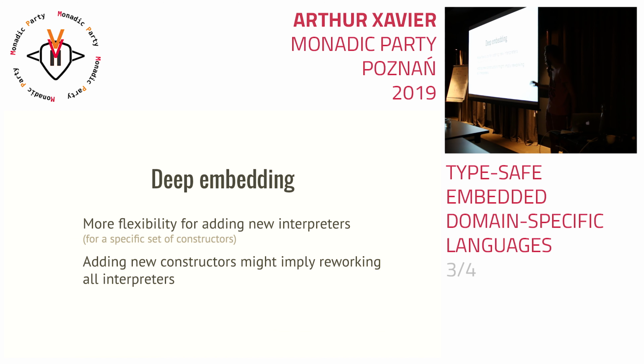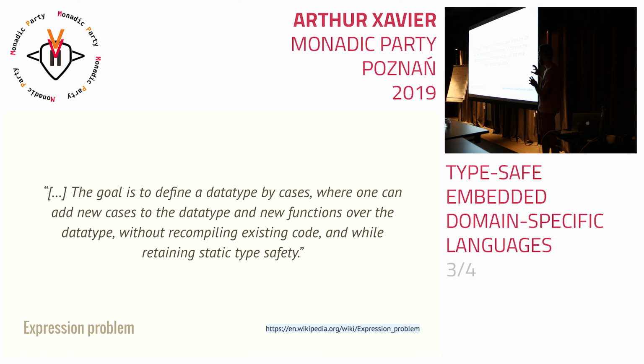And as we see this duality between deep embedding and shallow embedding, also the duality between the problems that they bring, it's perfectly summarized by the expression problem, which was stated by Simon Peyton-Jones. It says that the goal is that we have to define a data type by cases, in Haskell at least, where one can add new cases to the data type and new functions over the data type without recompiling existing code and while retaining static type safety.